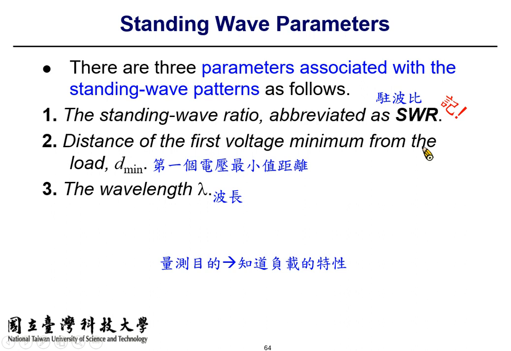The other half of the property of the termination can be known through the second property, which is referred to as the first voltage minimum from the load.